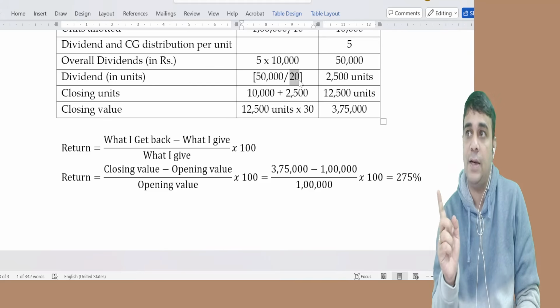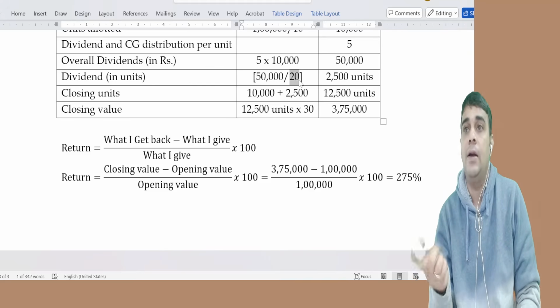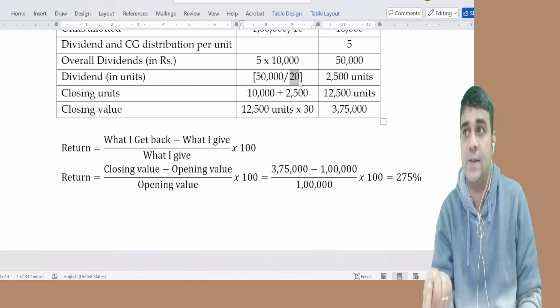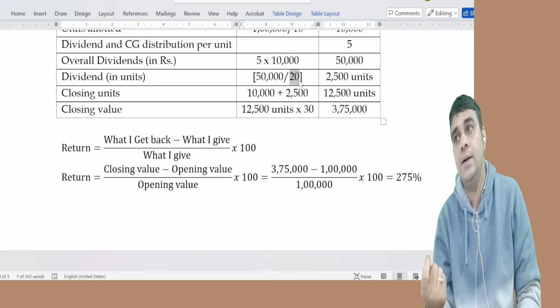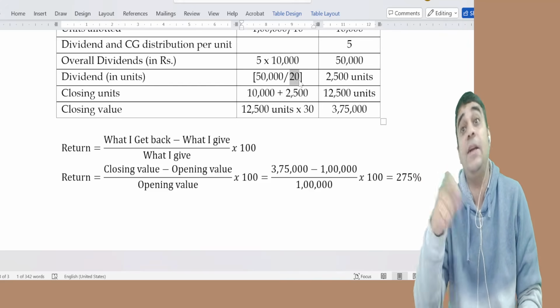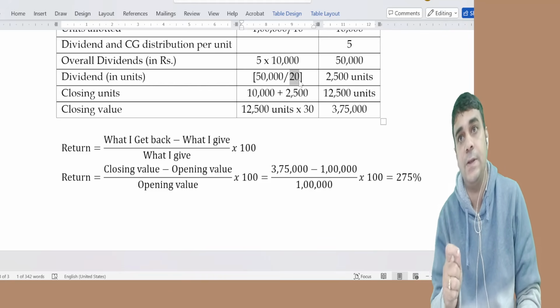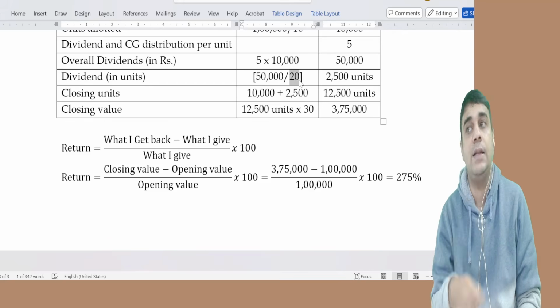Indirectly, I earn income on income. The dividend which you reinvested, 50,000, has become 75,000 by the end of the year. That is where you get extra return in a reinvestment plan.